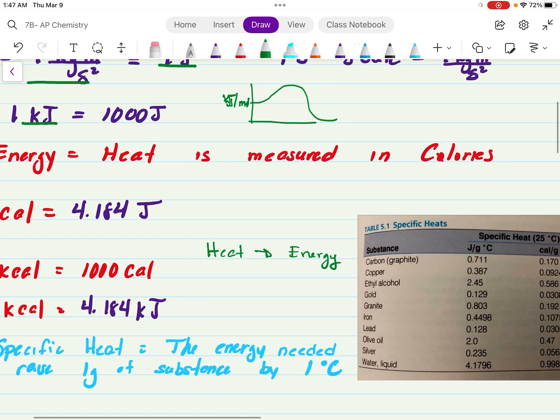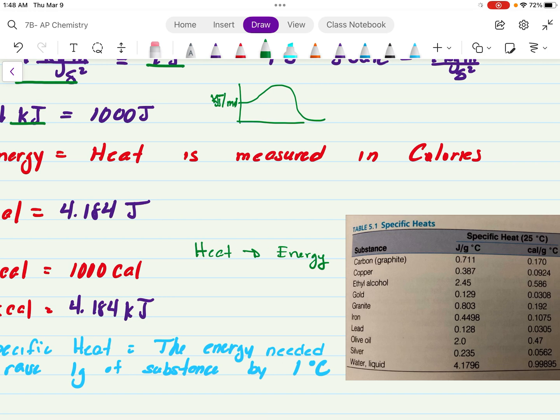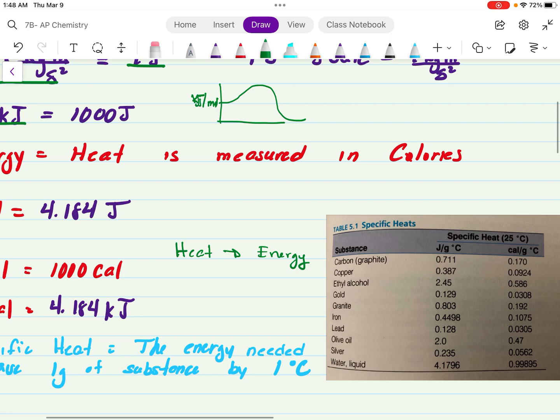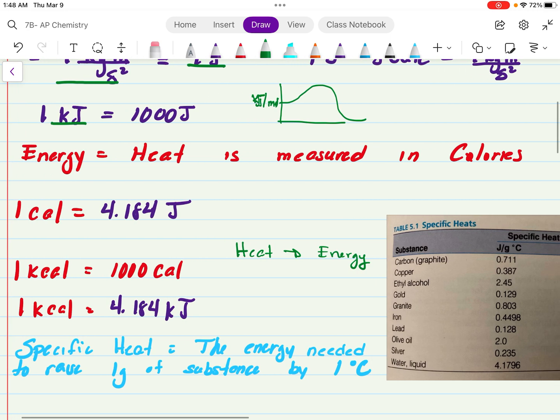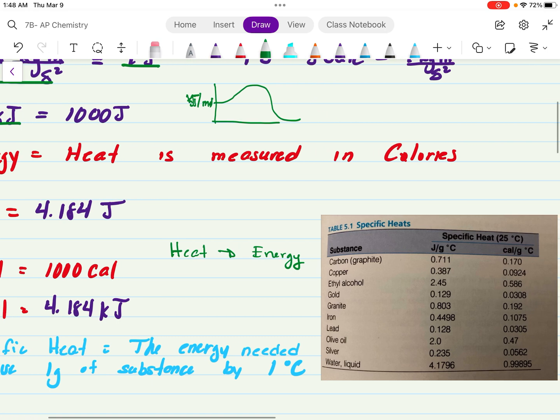Let's take a look at the table. We have several different substances: carbon, copper, ethanol, gold, granite, etc. And you're going to see values that have to do with their specific heat. This is the amount of energy needed to raise 1 gram of the particular substance by 1 degree Celsius.